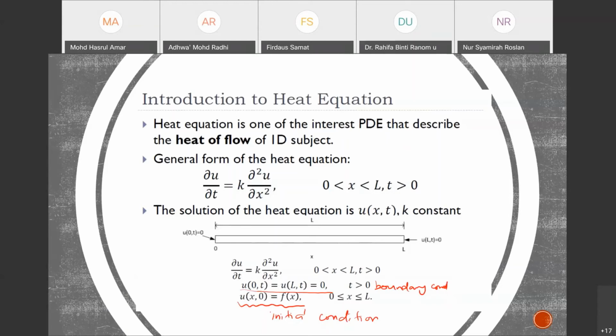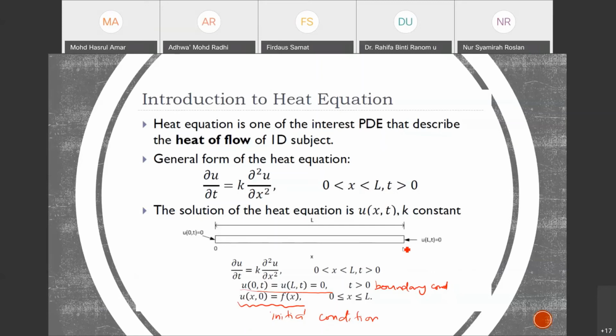When t equals 0, you start your experiment, then you measure the temperature along the rod, when x equals 1 over L, for example, and so on. At time t equals 0, what is the heat at x equals 2 over L, up until x equals L? Now you can differentiate between boundary conditions and the initial condition.